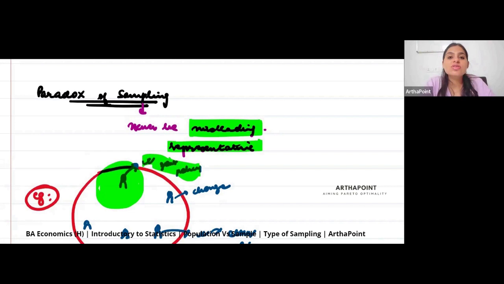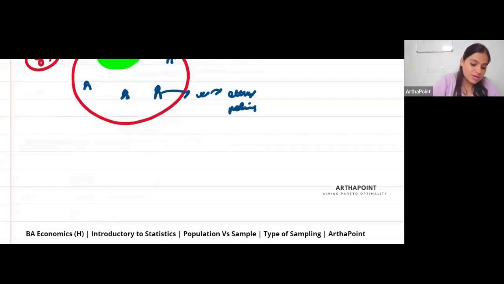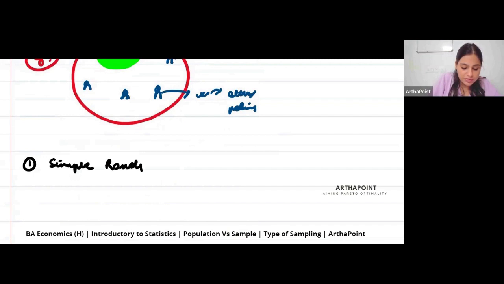Whenever I choose a sample from a population, at best it should be random, and therefore we have one of the sampling techniques which is known as simple random sampling.